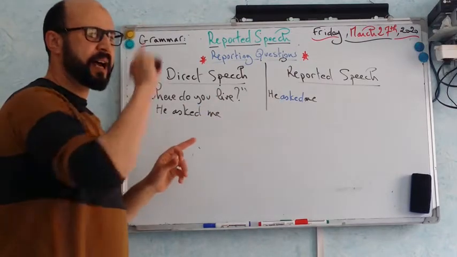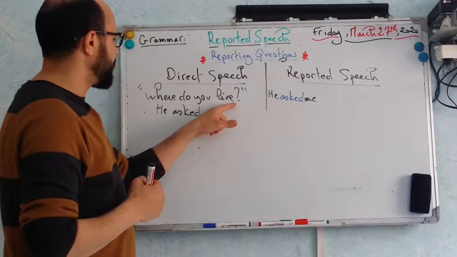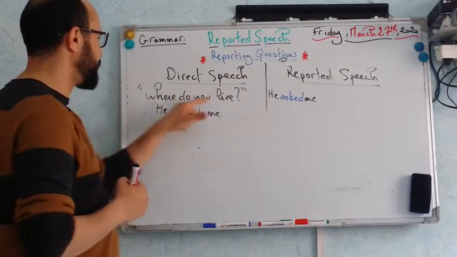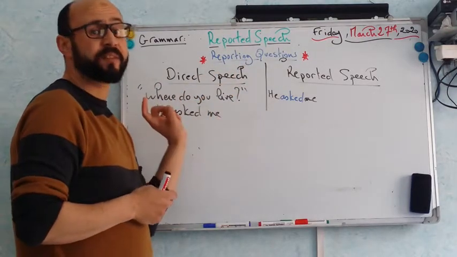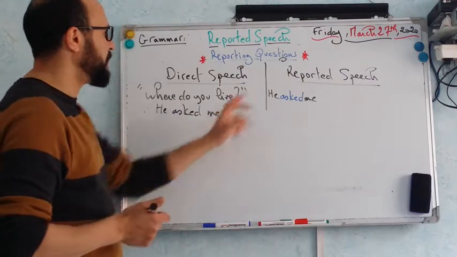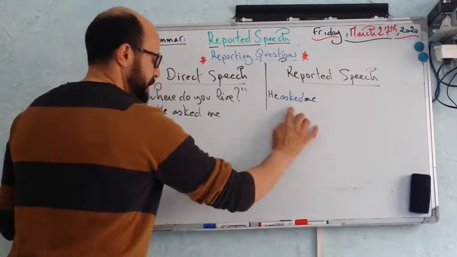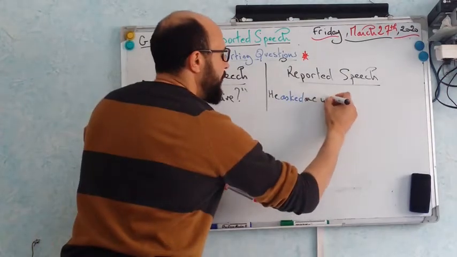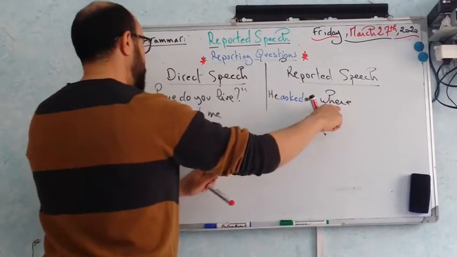He asked me. This is a sentence in direct speech. It's a question, because it is an interrogative sentence. In reported speech, the reporting verb is in the past. So he asked me where. We keep the WH word in its place.